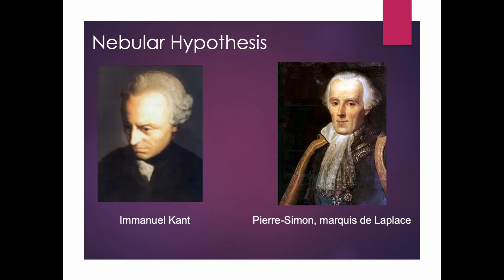No matter how many times people try to break something down, it still holds true. That's what makes something a theory. So the nebular hypothesis became the nebular theory of planetary formation, of solar system formation. And the two people that spearheaded this hypothesis were Immanuel Kant and Pierre-Simon Marquis de Laplace.